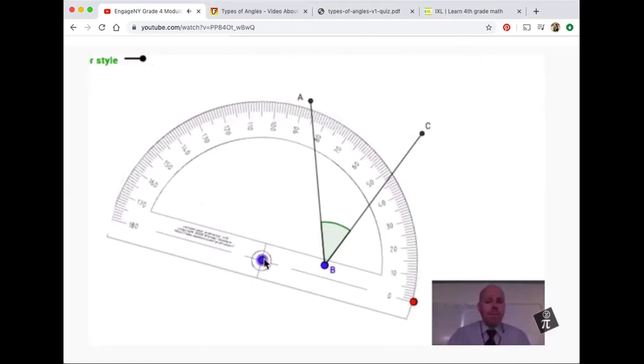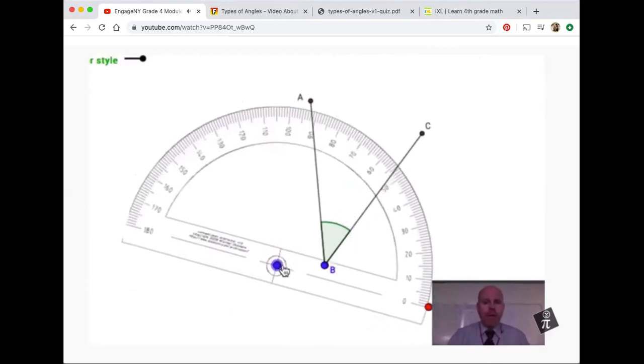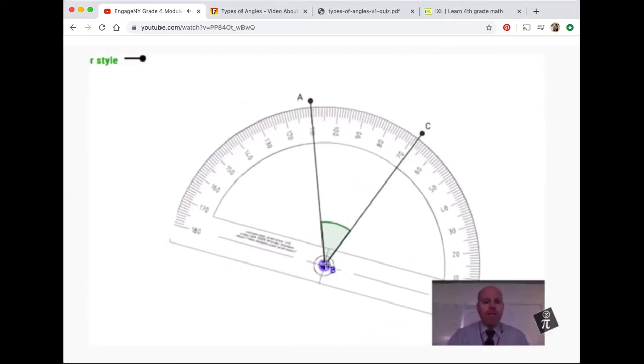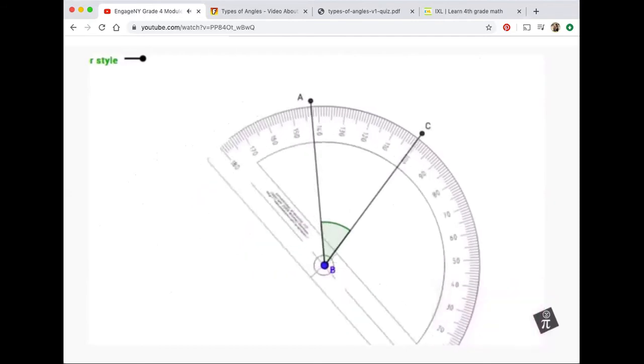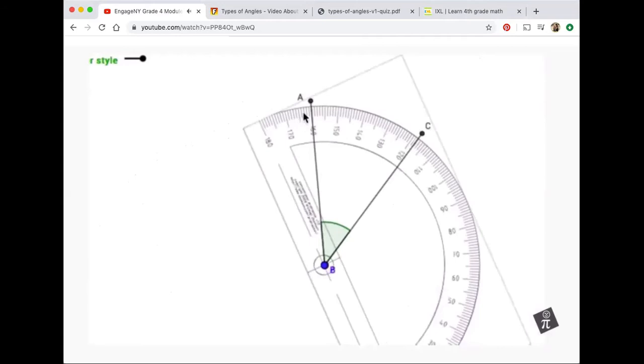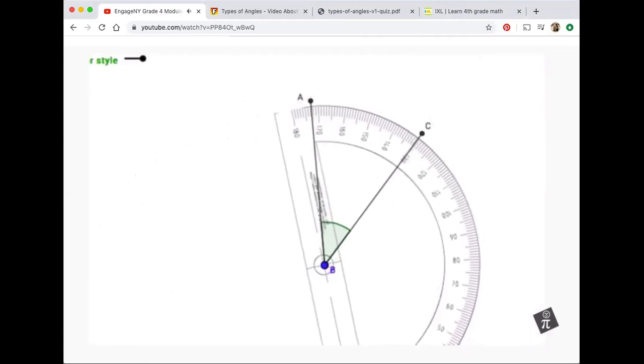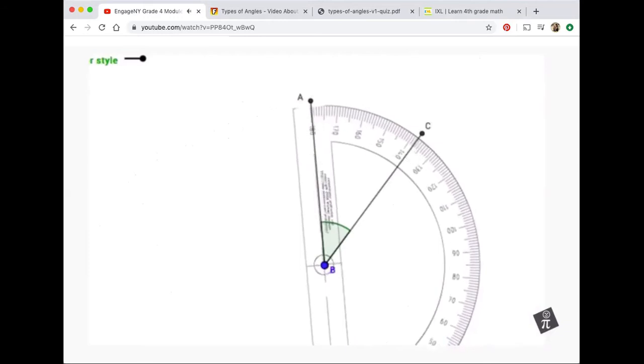We know that step 1 is to place that target directly on the corner of the angle, the vertex. So the target is now on the vertex of that angle, and we're going to rotate so that one of the legs is lined up with 0. So as I do that, I'm going to get as close as I can. Boom, close enough. And there.